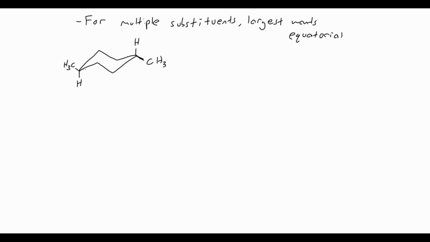And if we draw the ring flipped version, so the chair flipped conformation, then we have our methyl group here. Remember, equatorial changes to axial when you flip the chair, and equatorial again will flip to axial here. And then if we want to draw in our hydrogens, we can do that.